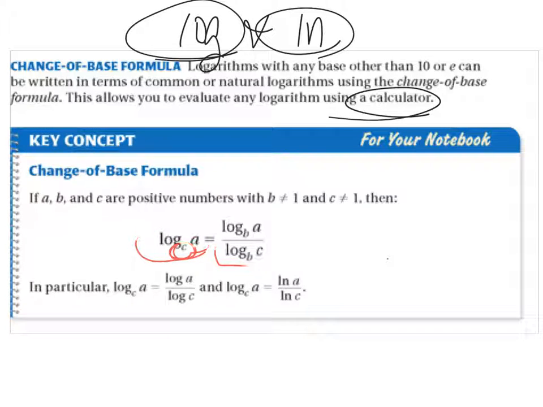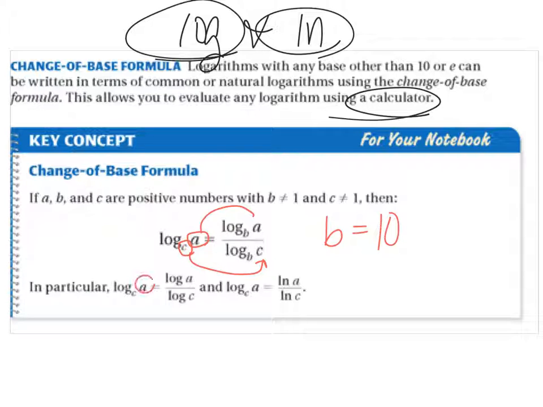Let's erase all that though, it gets a little messy a little quick. Log base c of a, we can change it to log base b of a in the numerator, log base b of c in the denominator. Now what would you make b? Well, if I want to use the calculator, I'm going to make b a base of 10 so that I can punch the numbers in the calculator. I can also make it a log e if I want.